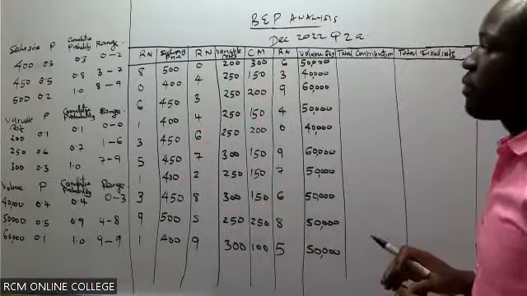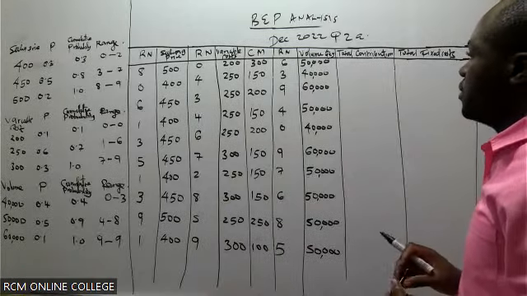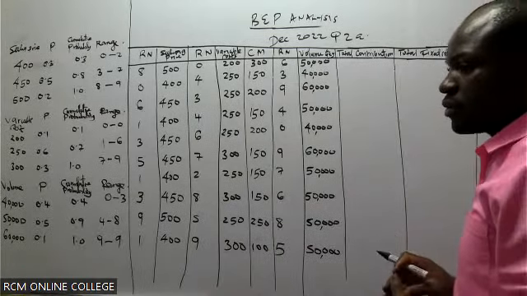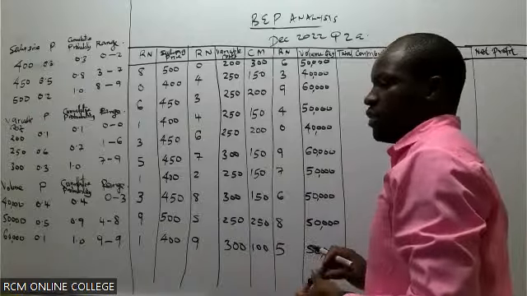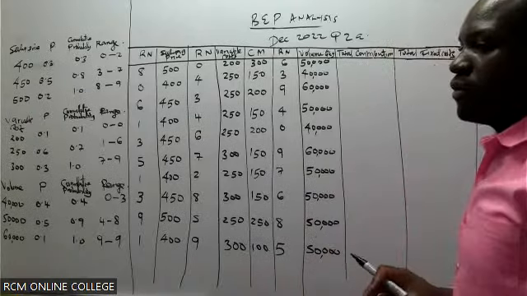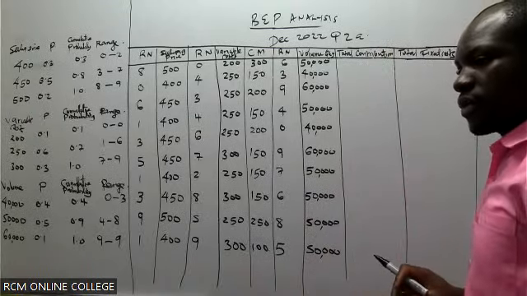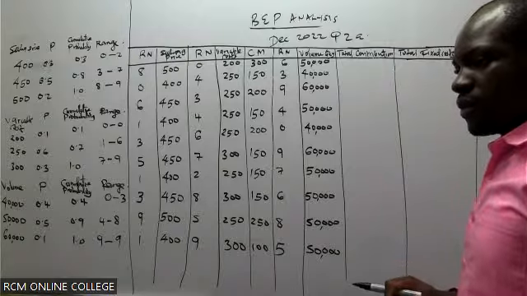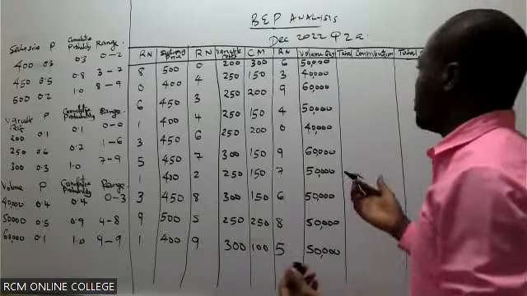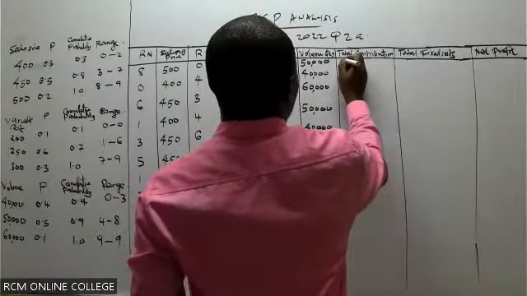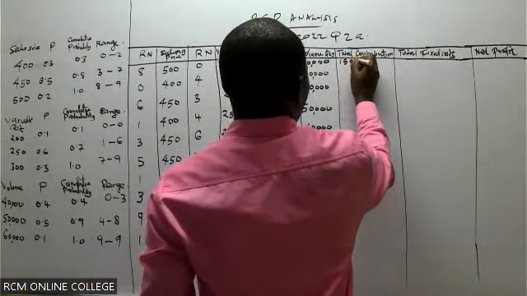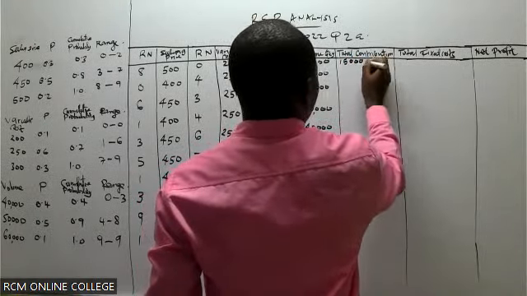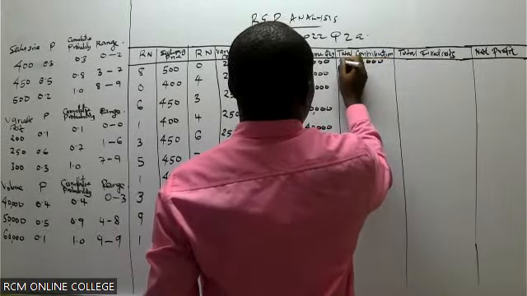The first one, 300 by 50,000, 15 million. Somebody to confirm. That is the first one, 15 million.